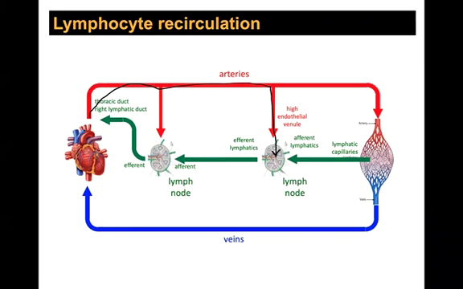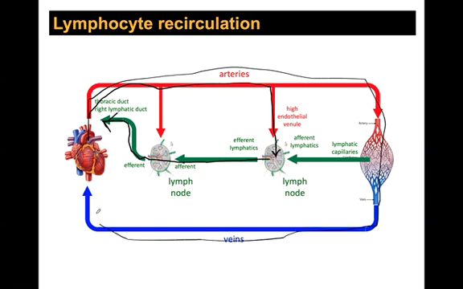Now, its return is via the lymphatics. And so it can move through the lymphatics once it gets there, but it makes this kind of trip. Now, that's different than your red blood cells. Your red blood cells are going around here and coming around through the veins. Okay?